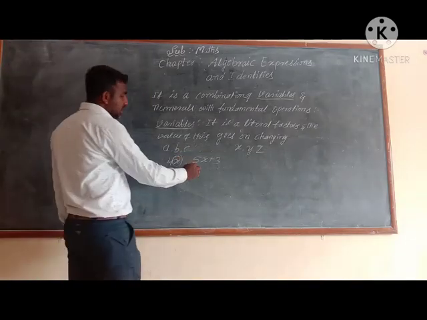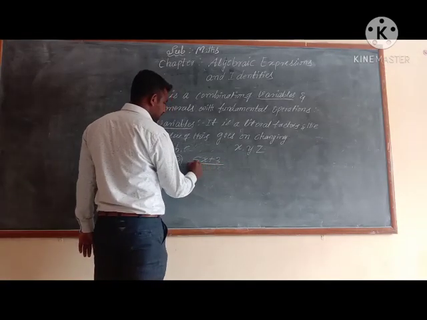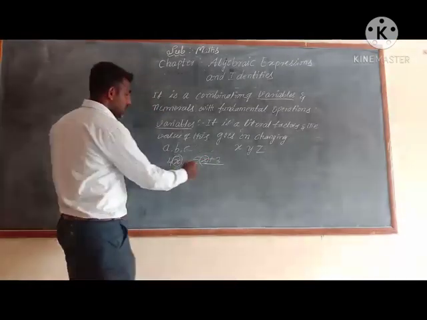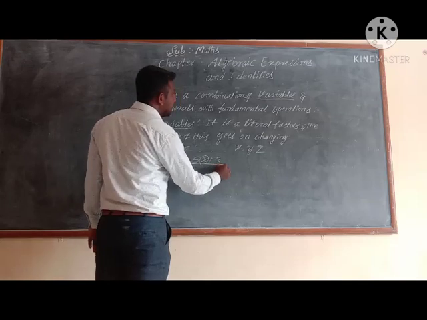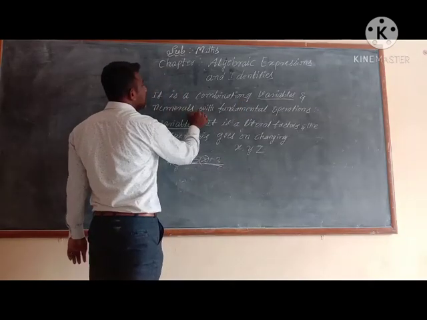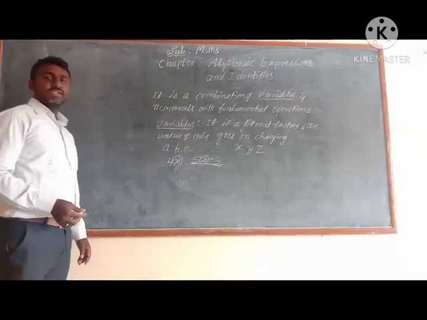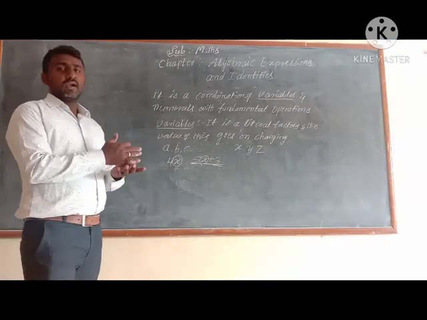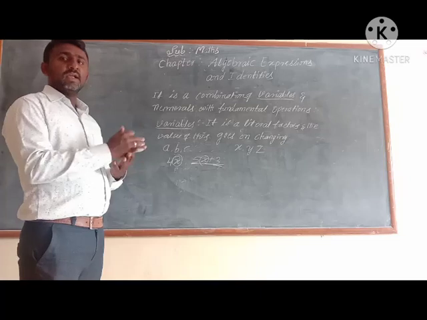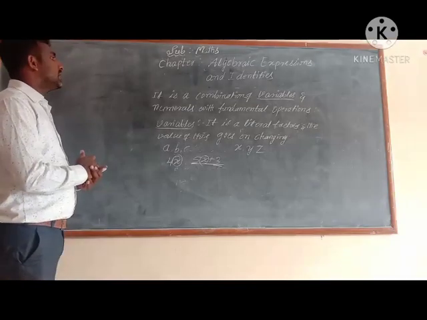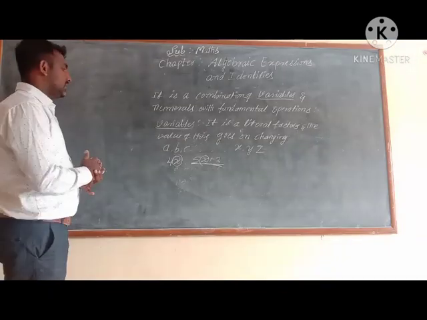We can see that in this expression, x is a variable, 5 is a numeral and 3 is a numeral. Numerals with fundamental operation. What are fundamental operations? Yes, addition, subtraction, division and multiplication. These are fundamental operations of mathematics.